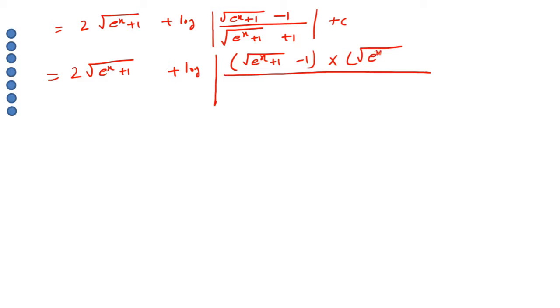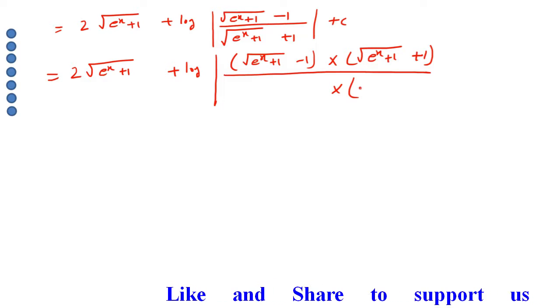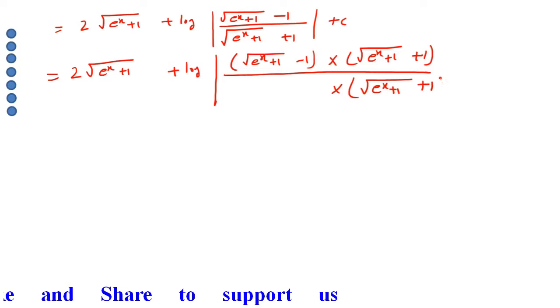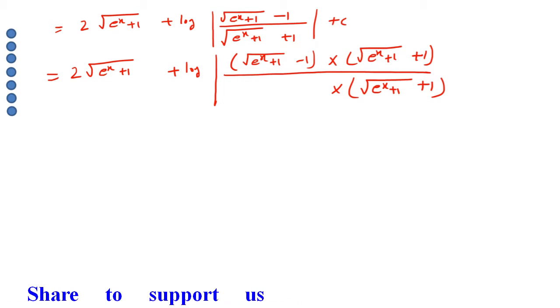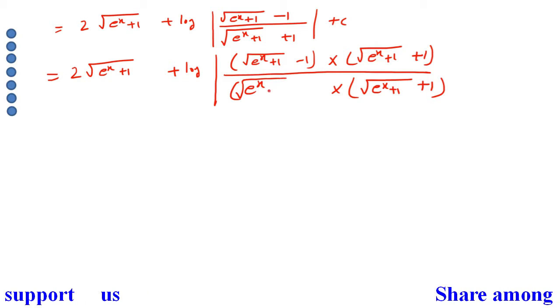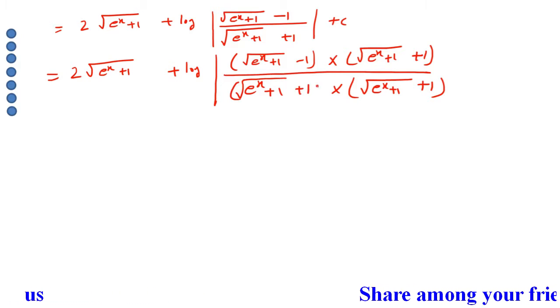So it is going to be square root of e to the power x plus 1. Here we have minus sign, so we will take plus sign when we rationalize. Whatever we multiplied in the numerator, the same we will take in the denominator also. So square root of e to the power x plus 1 plus 1 bracket close, and the denominator as it is, that is square root of e to the power x plus 1.